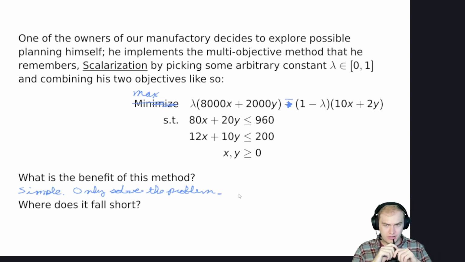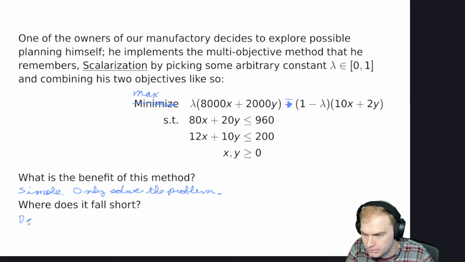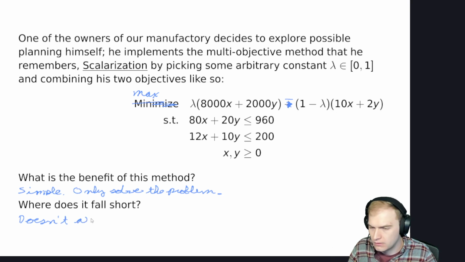It falls short in that it doesn't necessarily produce the Pareto frontier in the same way that the lexicographic method does.